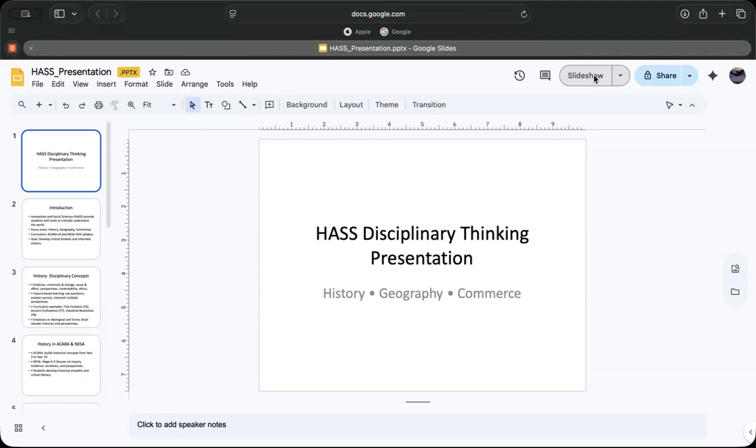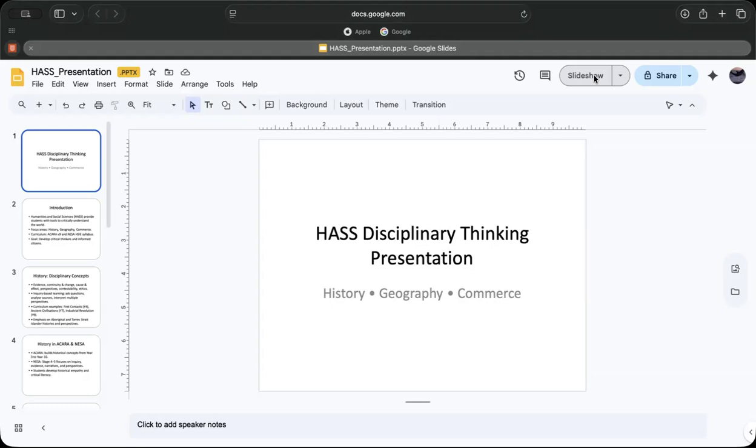According to Seixas and Morton, historical thinking involves several key concepts: evidence, by analyzing primary and secondary sources to construct interpretations of the past; continuity and change, understanding what has evolved and what has remained constant over time; cause and effect, identifying how events and decisions trigger change; perspective, recognizing that people experience and record history differently depending on their context; contestability, acknowledging that history is often debated and open to multiple interpretations; and ethical dimensions, reflecting on how we judge and remember past actions.